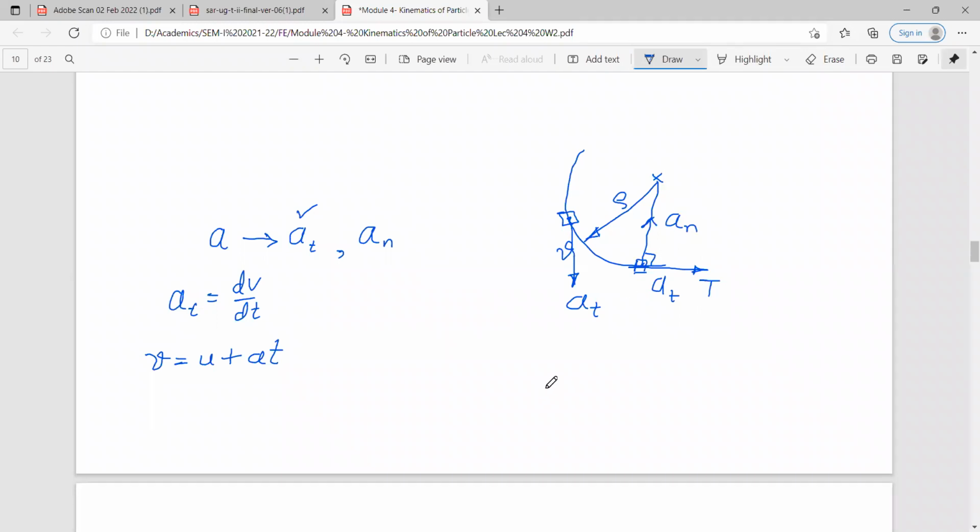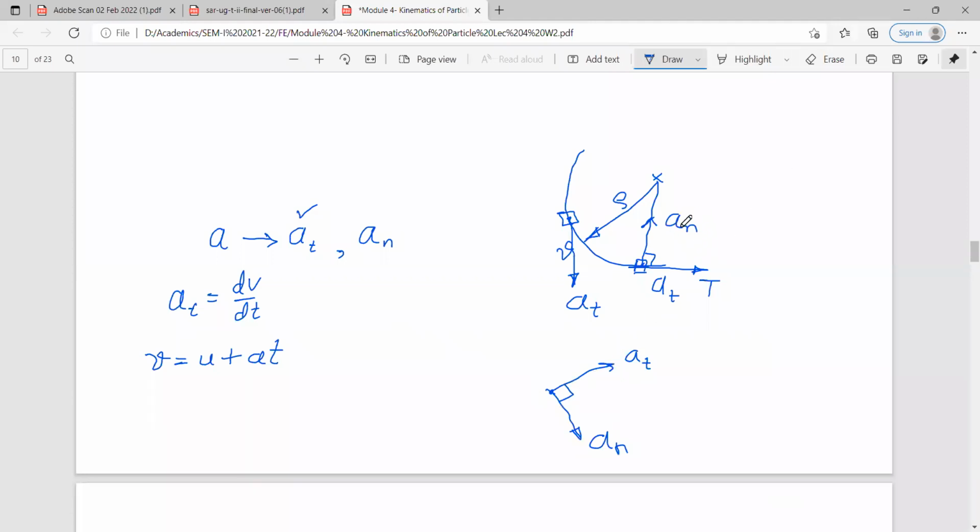Okay, if suppose you are given the direction of tangential component, one can find out the direction of normal component perpendicular to that, either left or right. It will depend on how the curvature is. What to note here is that the angle between these two components is 90 degrees.